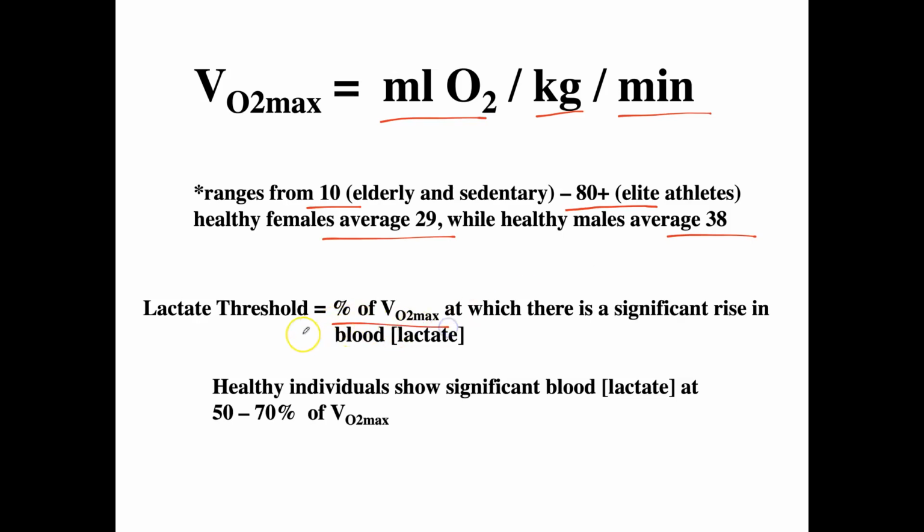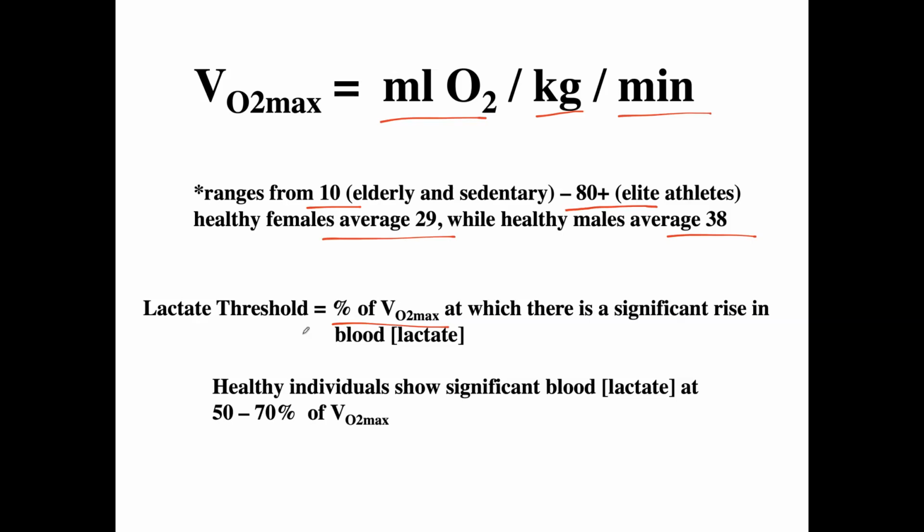So it's the percent of your VO2 max at which there's a significant rise in blood lactic acid levels. Essentially, what we're saying is how much exercise can you do before you shift from aerobic to anaerobic metabolism and you begin to increase your blood lactic acid levels.